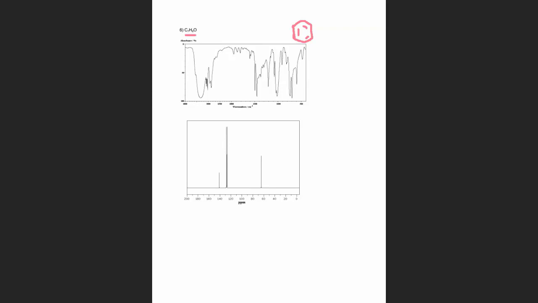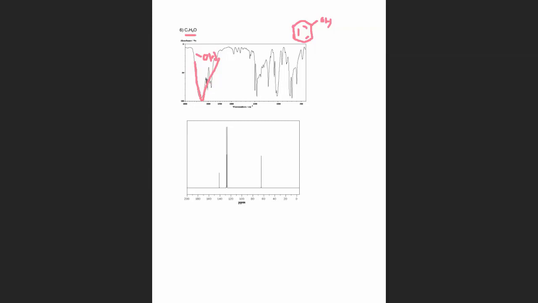Now another thing you can see here is we have a huge peak right here, and this will be your alcohol. If I just stick my alcohol in this molecule here, we can see that we still don't have 7 carbons.